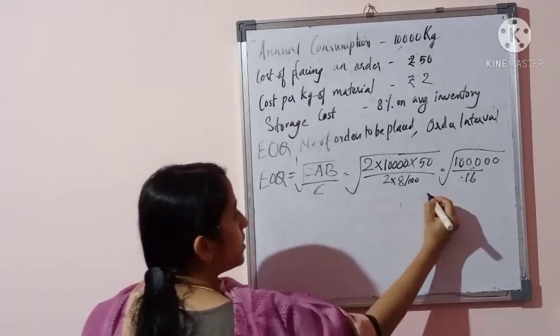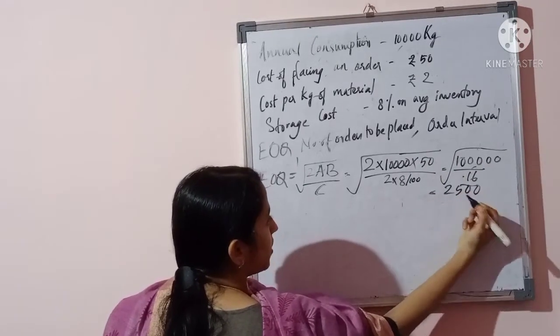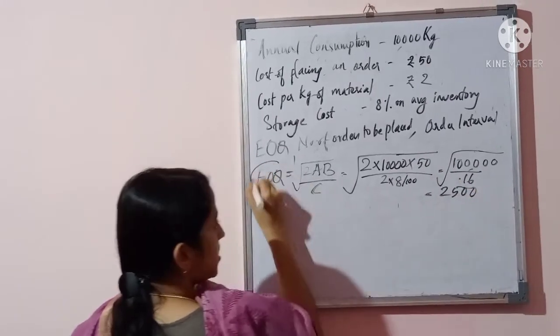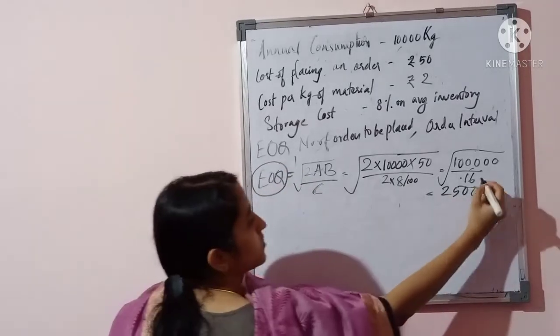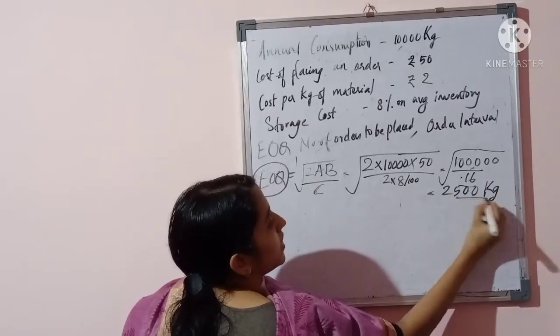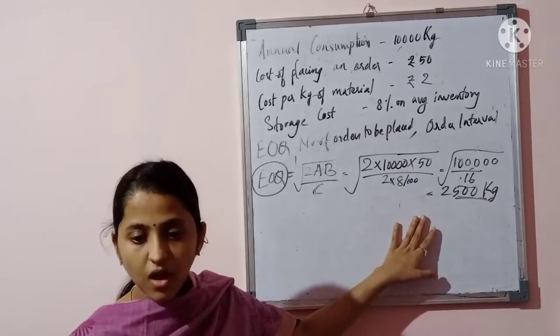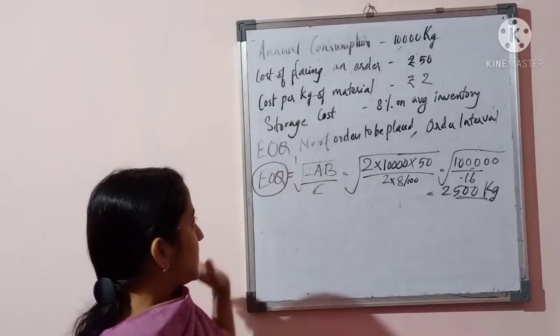Correct. So this is equal to 2,500, the EOQ, economic order quantity. So 2,500 kg is the economic order quantity.